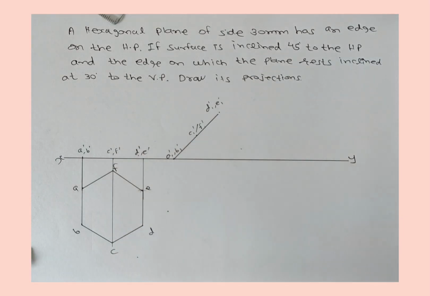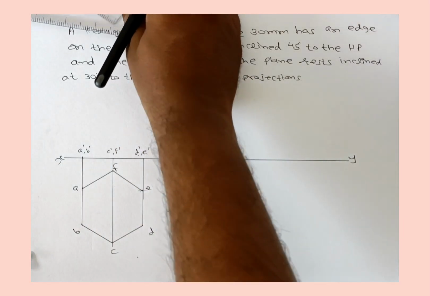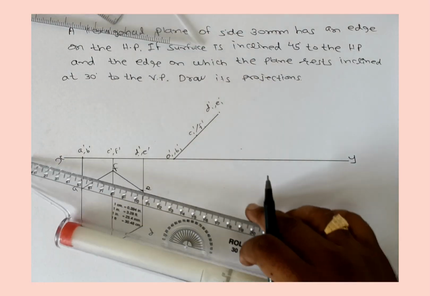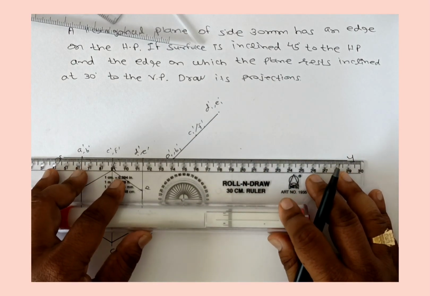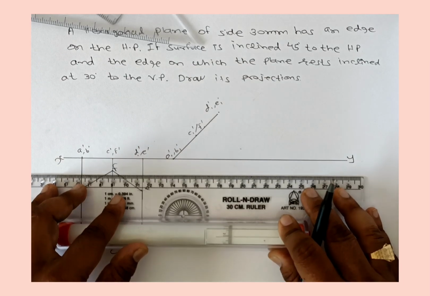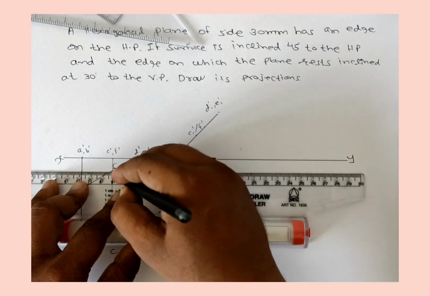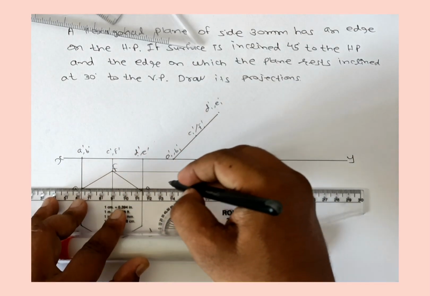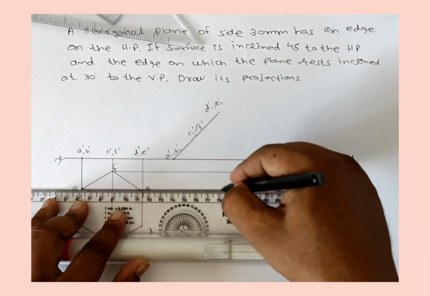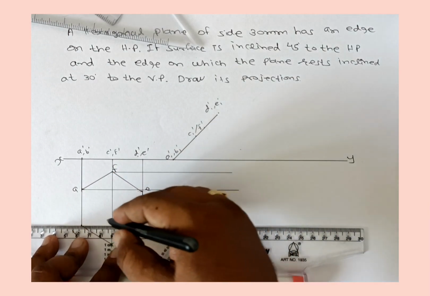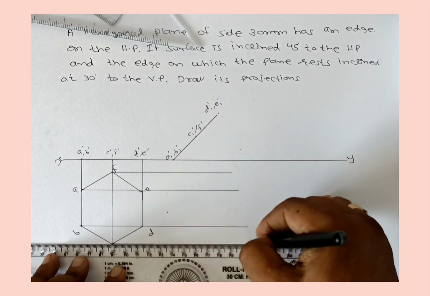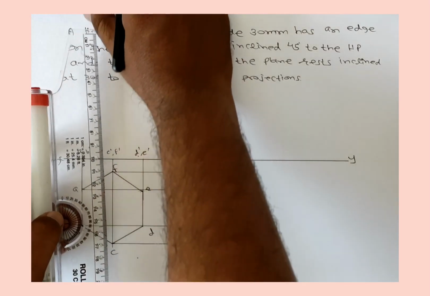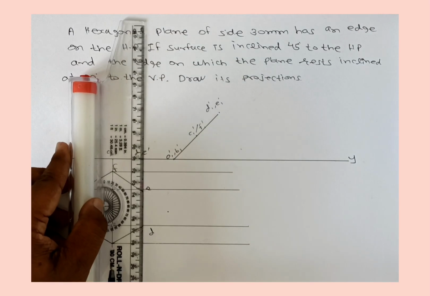Okay, now students, you have to take the vertical projection and horizontal projection of it. This is the horizontal projection. I hope all of you clear this thing. Now students, we have to take the vertical projection.